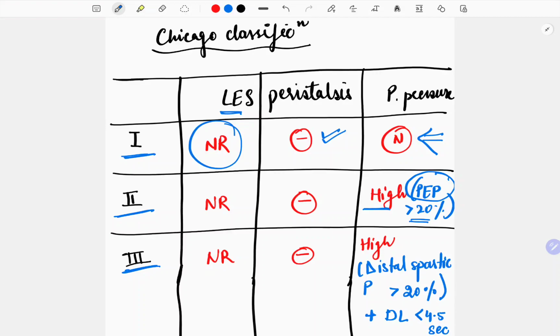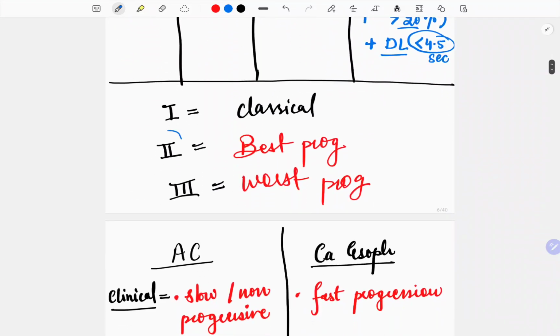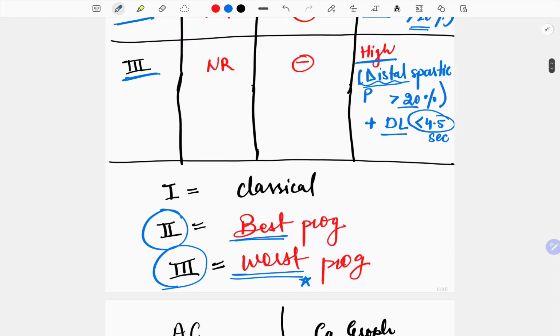And in the third category, again the pressure will be high, but this time the distal spastic contractions will be more than 20% and the distal latency will be less than 4.5 seconds. Now, the second category has the best prognosis, but the third category has the worst because the disease is specifically in the lower section.